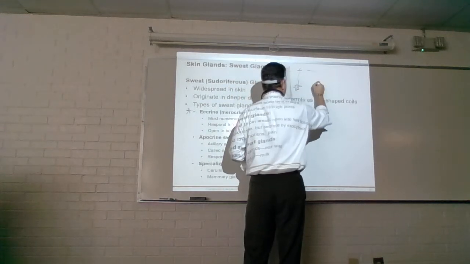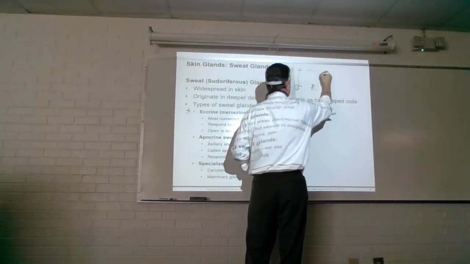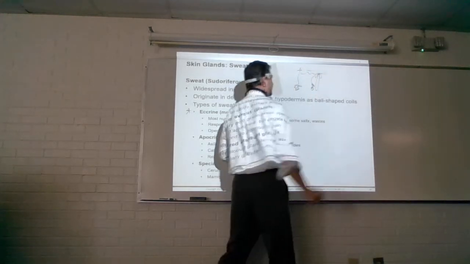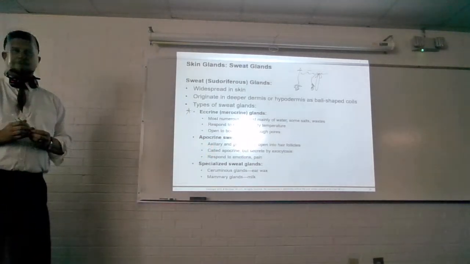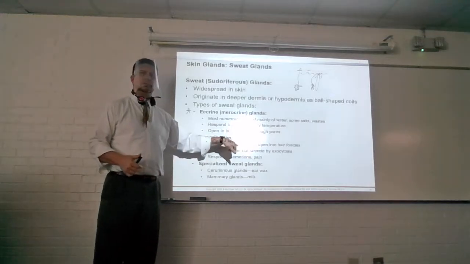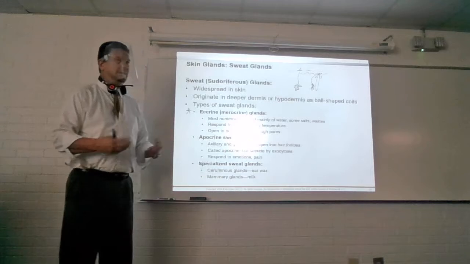If, on the other hand, I have an apocrine gland and I've got my little hair, this duct will go and dump right onto the hair follicle. It's always associated with hair. And the particular area is going to be axillary and groin areas. This is where the hair starts growing during puberty.